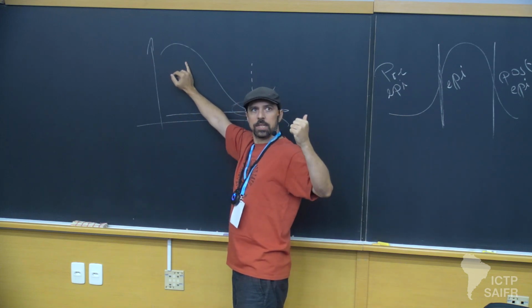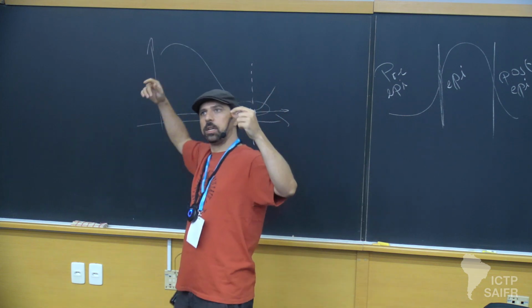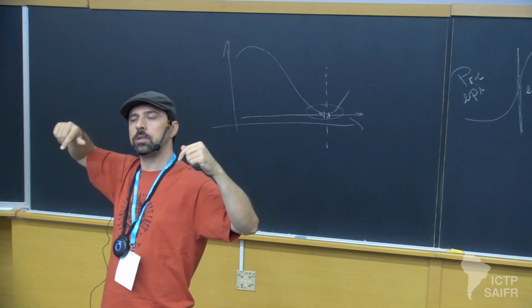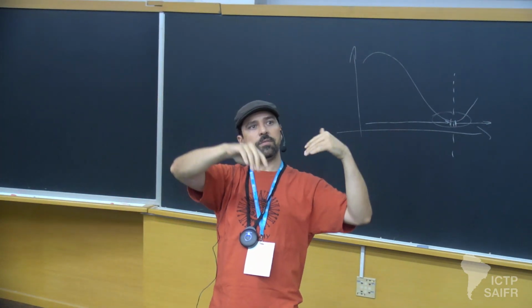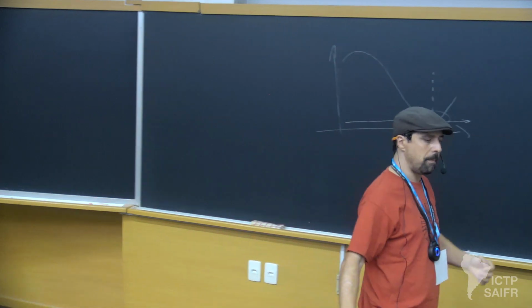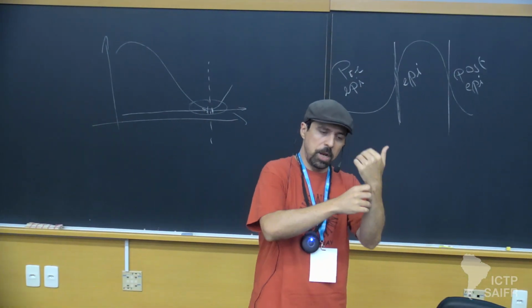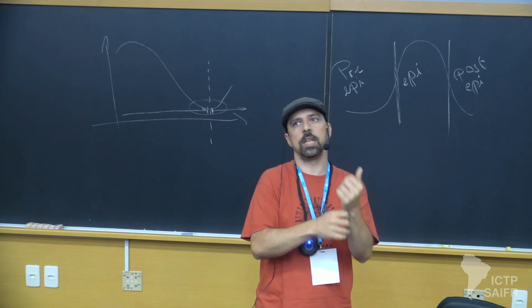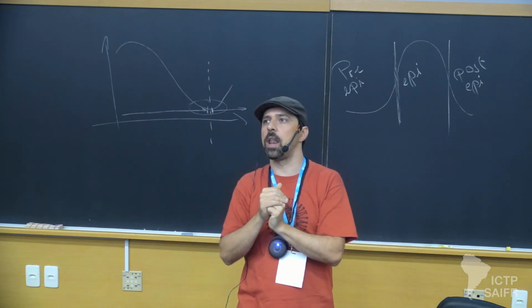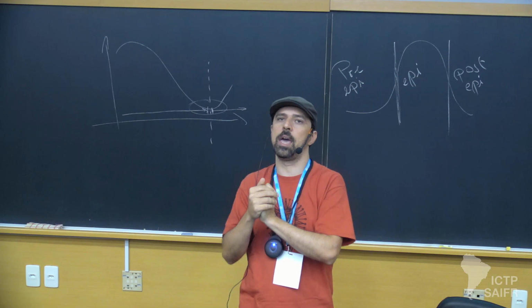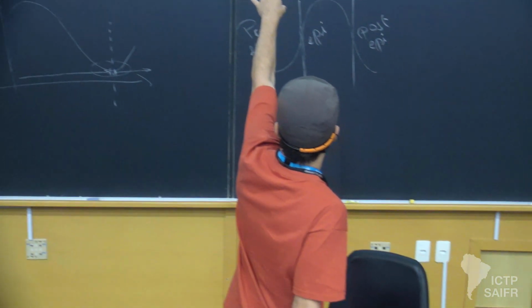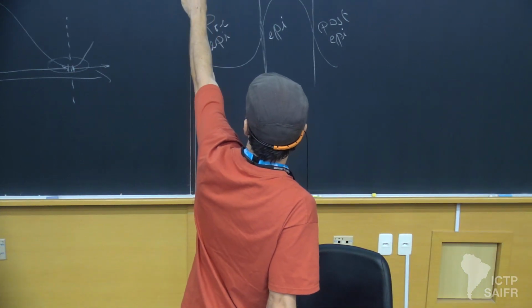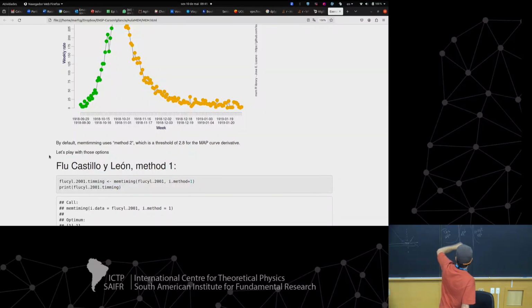And what method 2 does is it calculates the derivative of that function and sets a threshold for that. Whenever the derivative becomes below that particular threshold, we say that from then on we have the epidemic phase already, right? Now, for this particular data set, the default value for the threshold for this method is 2.8 for the derivative.